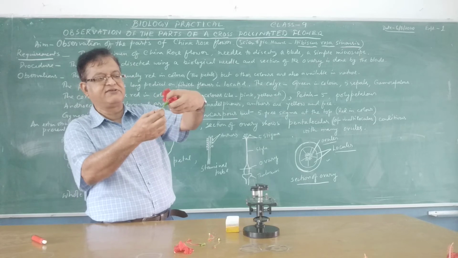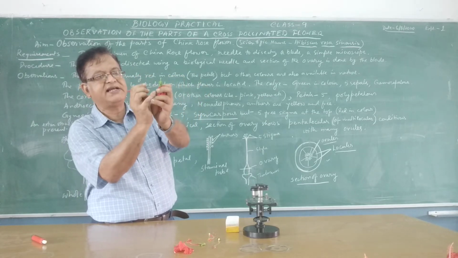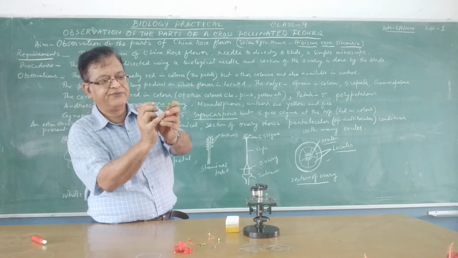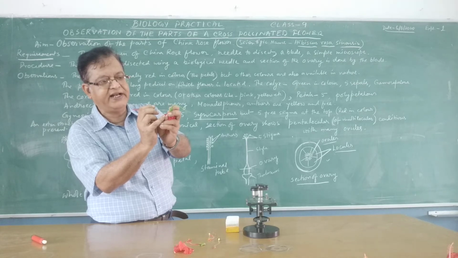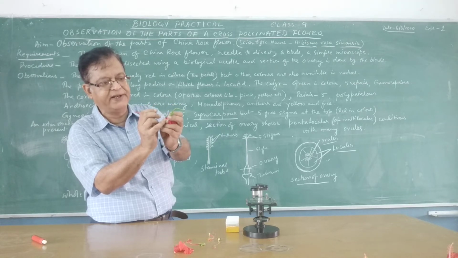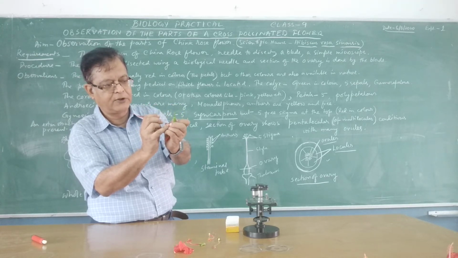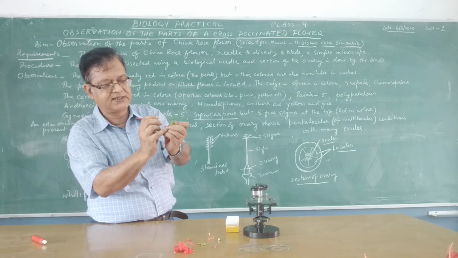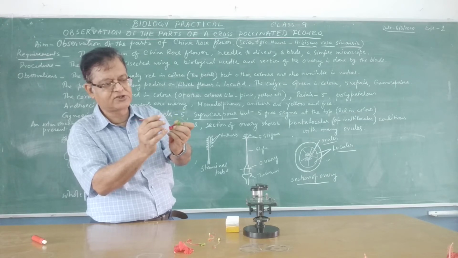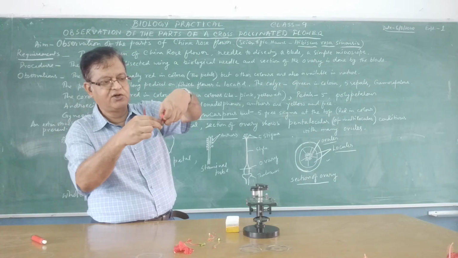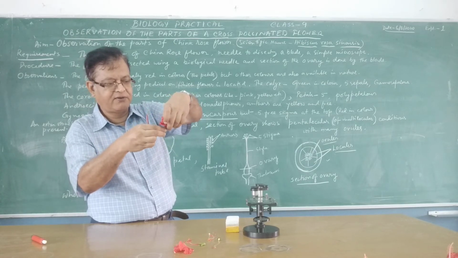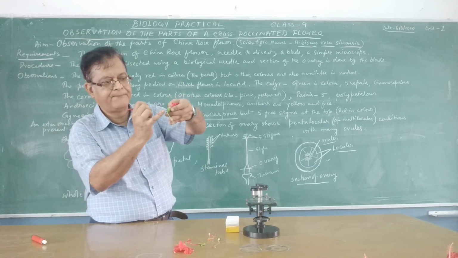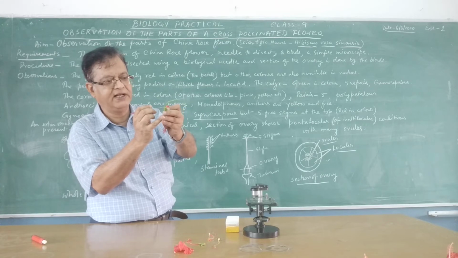Next is the calyx. You can see this one, and we bisect this calyx like this, taking a needle and tearing it off at one side, just like opening a shirt. You can also do it at home, slowly pulling it out from the base with the needle.